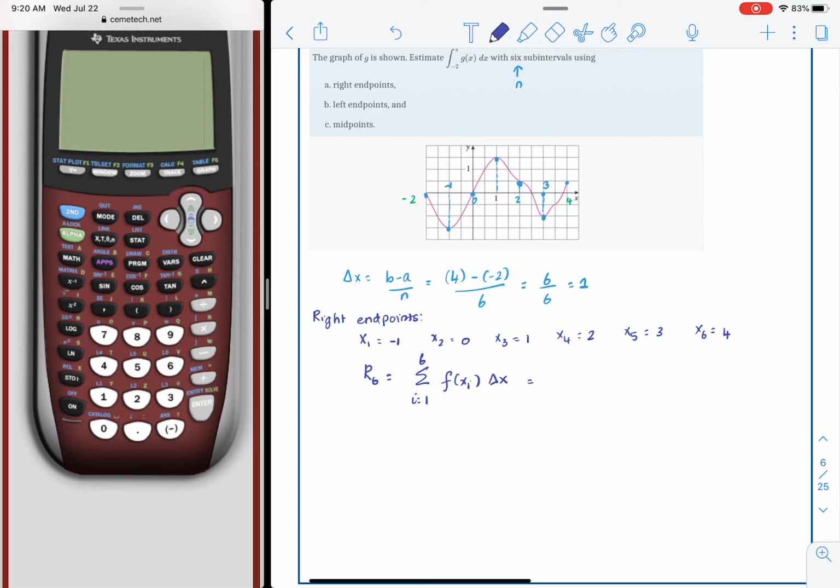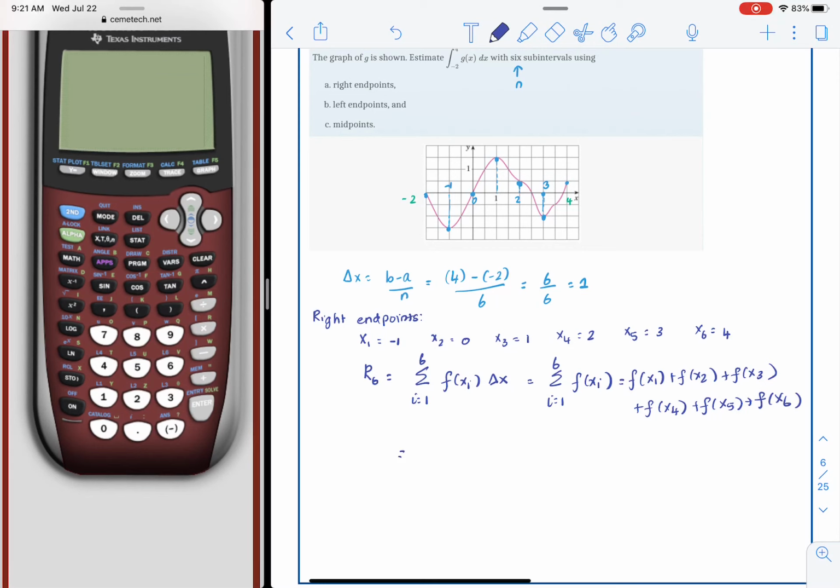Delta x is 1, so all we are trying to find is f of x1 plus f of x2 plus f of x3 plus f of x4 plus f of x5 plus f of x6.